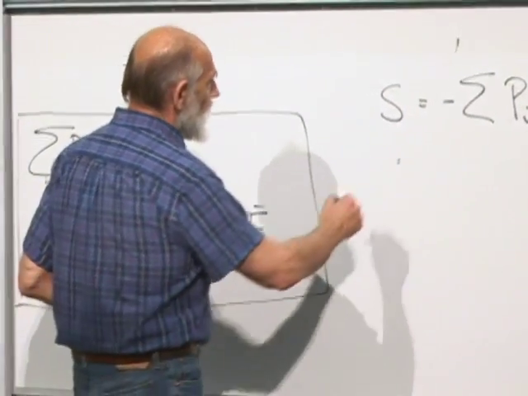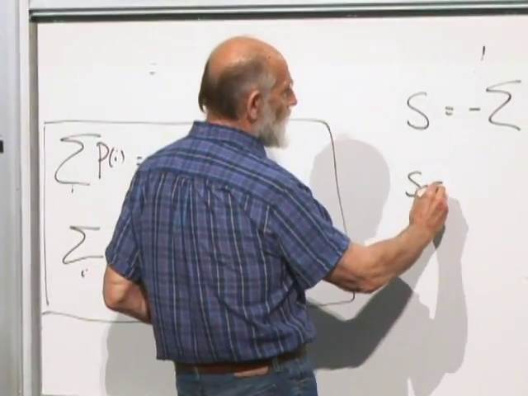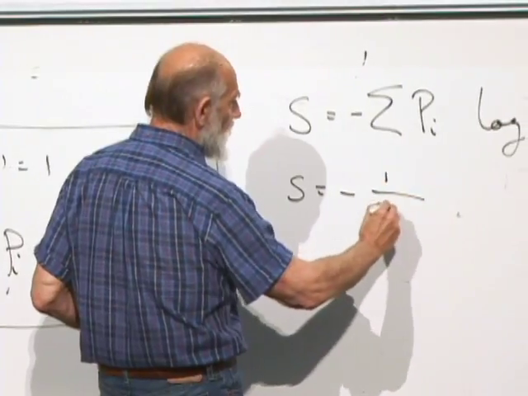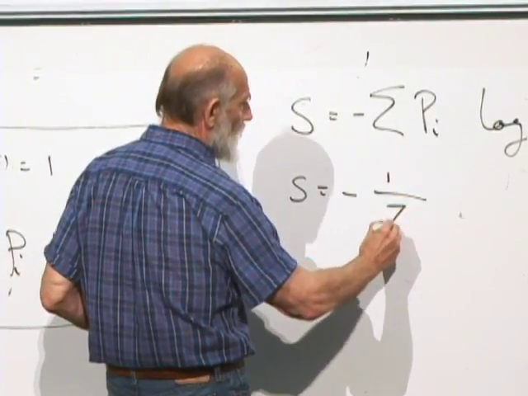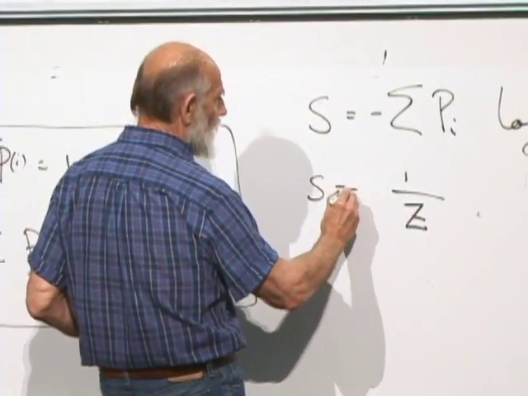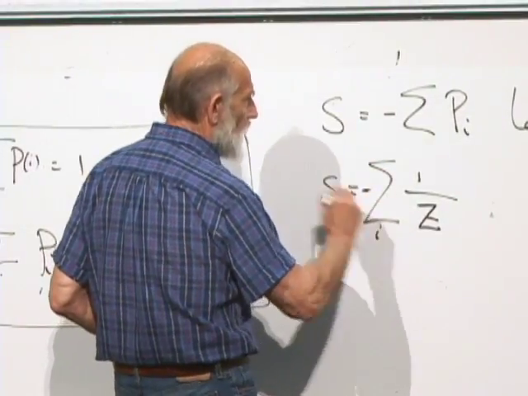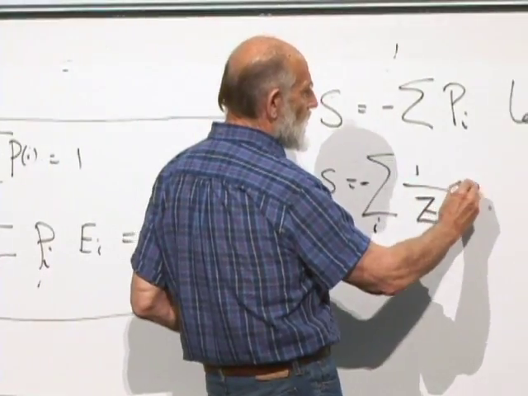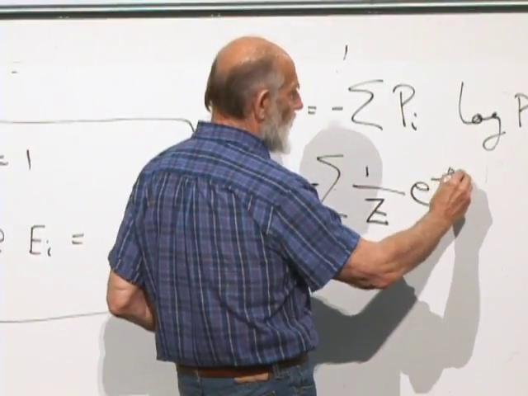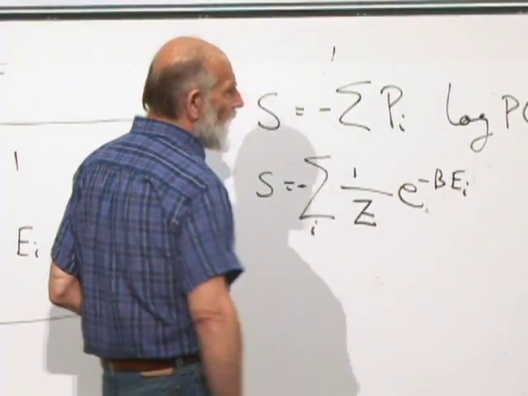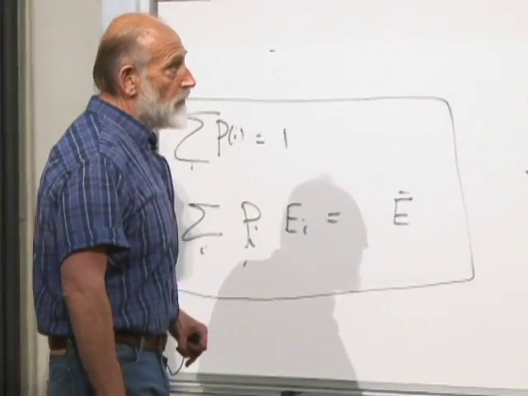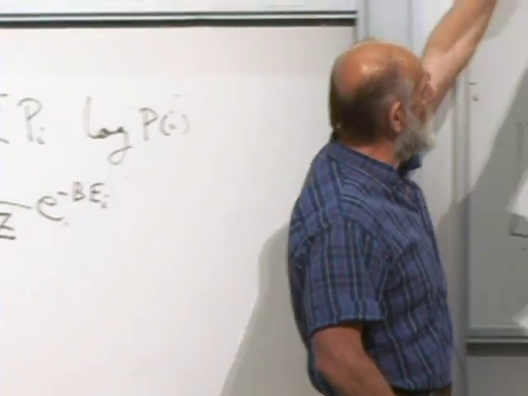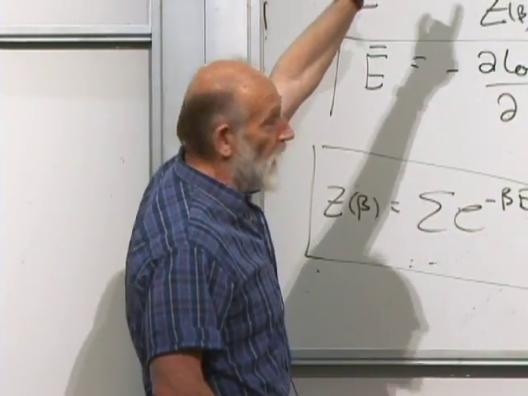So let's try it. S is equal to minus the sum on the outside of p sub i, which is 1 over Z times e to the minus beta E sub i. And now what's the logarithm of p sub i? It's the logarithm of that expression up there, except change j to i.